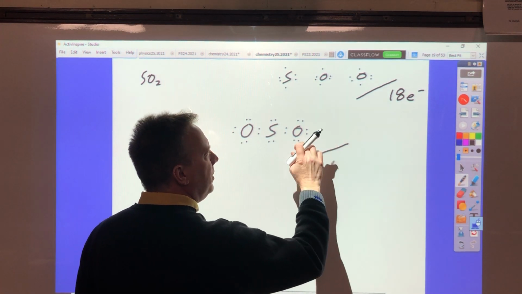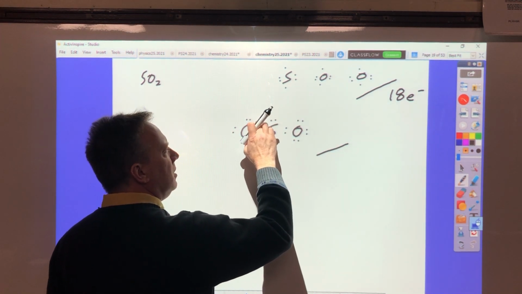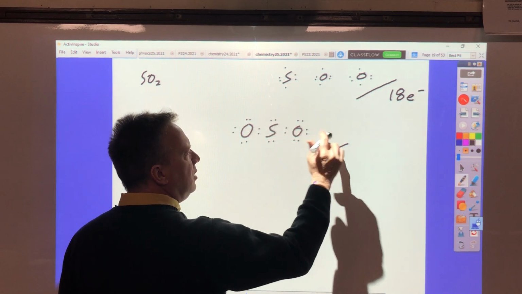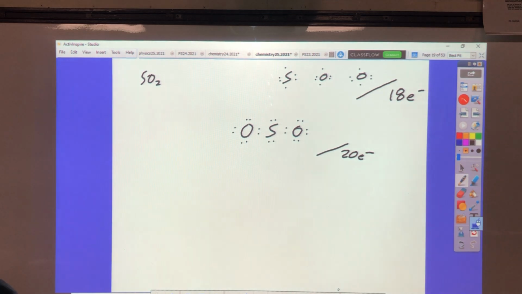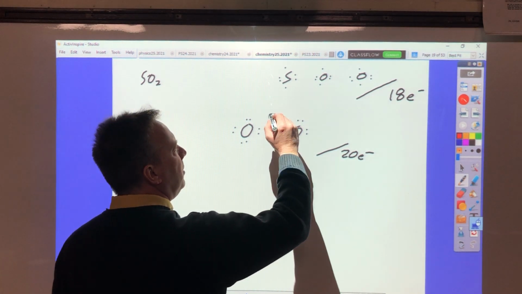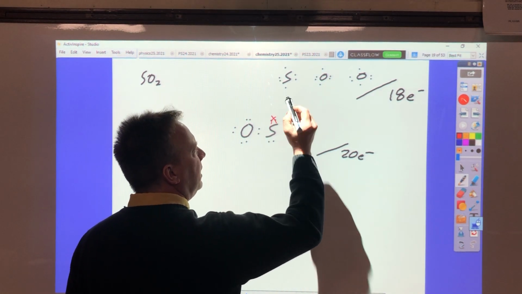Now we add them up. There's 8, 16, 18, 20. That's 2 too many, which means we have to delete a pair and move a pair. Oh, this time I'm feeling lucky. Let's delete a pair on the top, and then we'll move this pair in here.